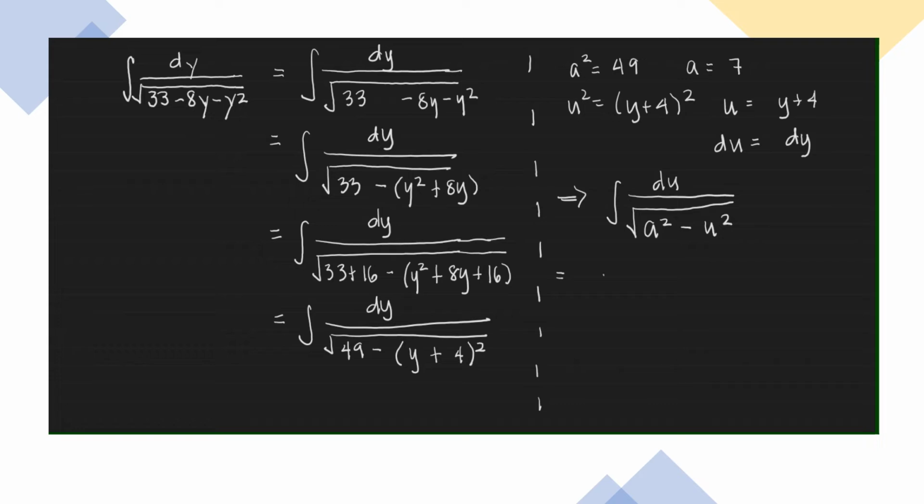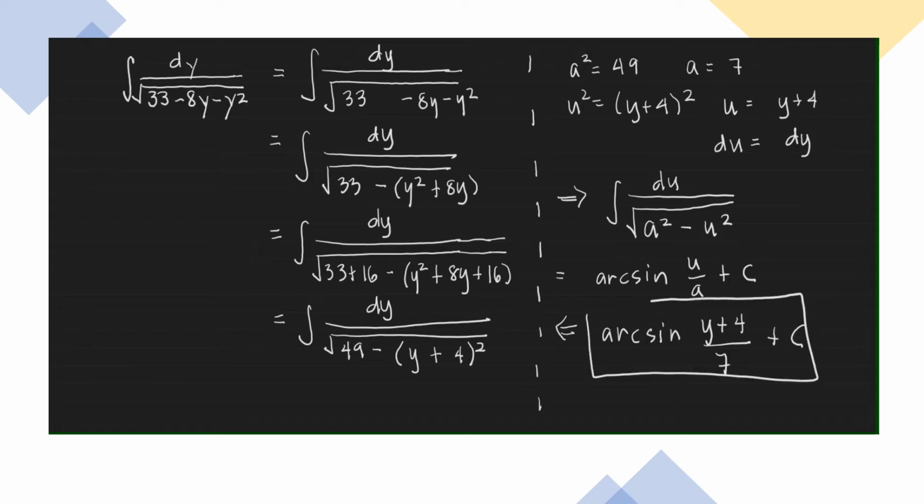Sine inverse or arcsine of u over a plus c, and then we perform back substitution, it will be arcsine of u, which is y plus 4, over the value of a, 7, plus c. So this is our final answer.